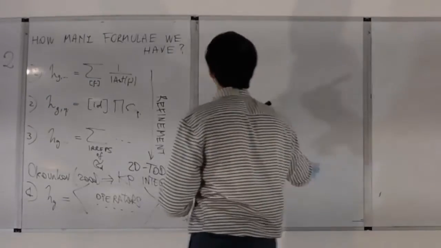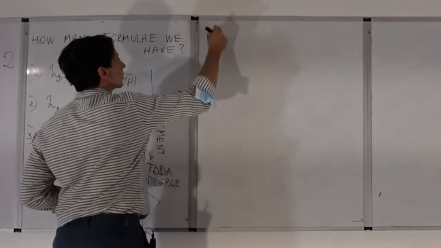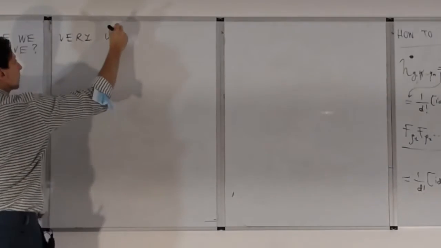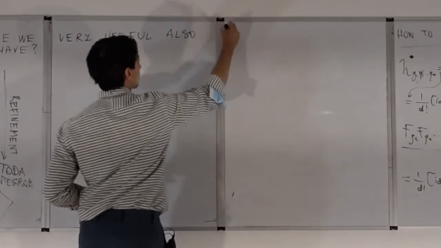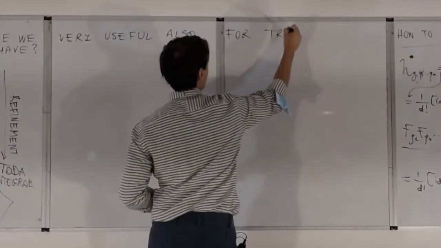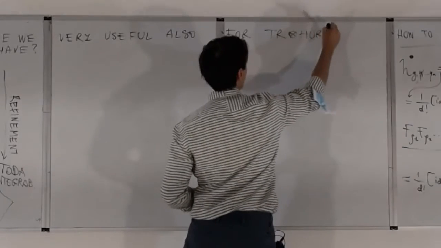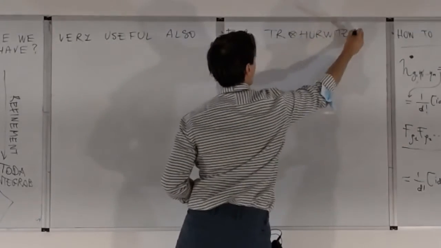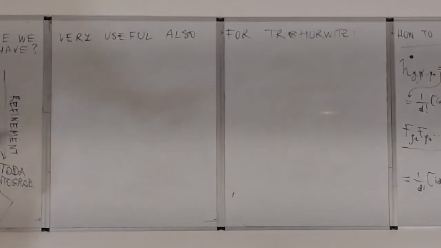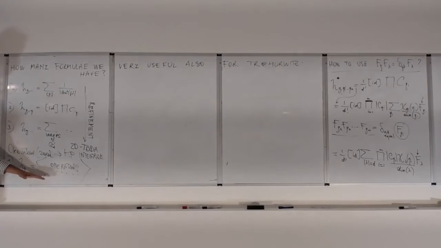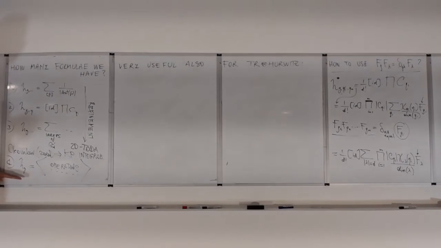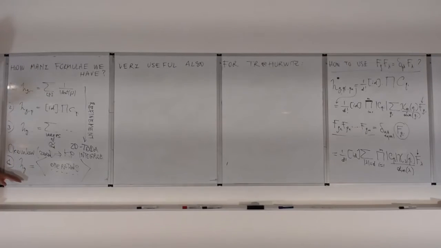So let me write here. What I mean is that I don't only care about the fact that this expression proves integrability, in the sense that the partition function is a tau function of some hierarchy. This level, the level 4, has been used many times to prove that some Hurwitz problem satisfies topological recursion.